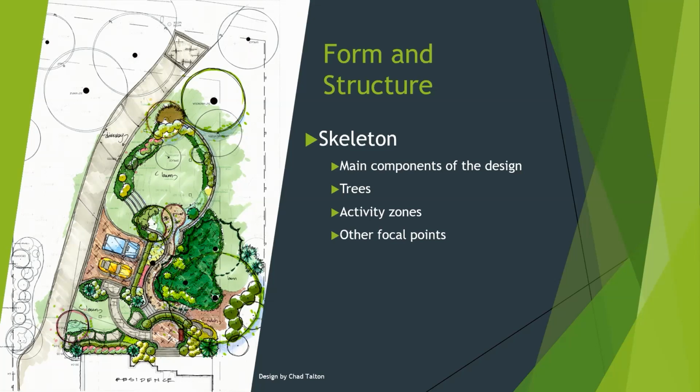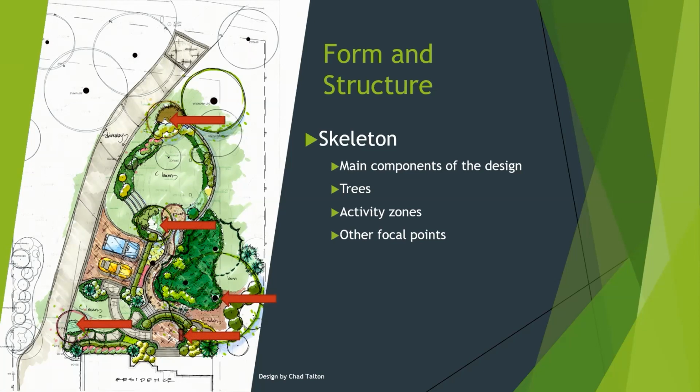And so trees here, we have your activity zones, other focal points, point them out here. So we have that bench down towards the front door of the house. Down here in the bottom left, there is this flowering tree. So this is just an accent tree.